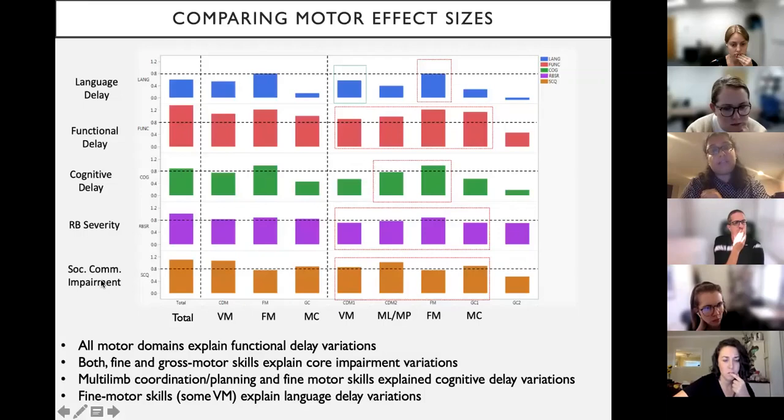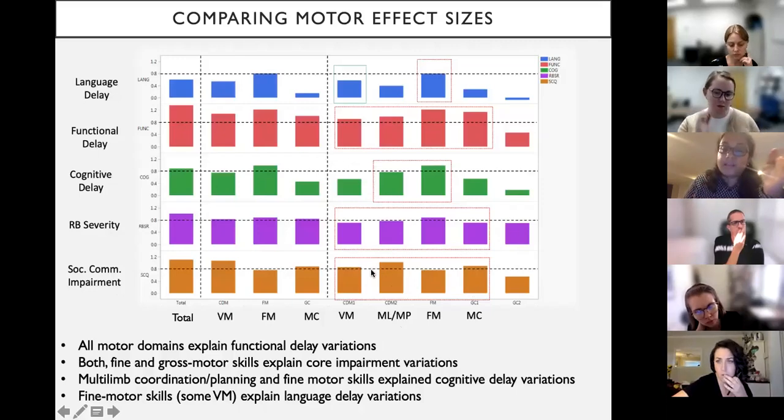And what you see is when you look at these 4 subgroups that are provided by the confirmatory factor analysis, for social communication impairment, all 4 motor domains do a really good job with large effects in explaining the variation in social communication impairment. And I would say it is the same.